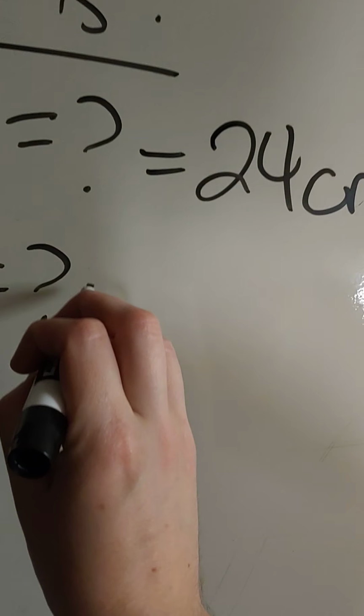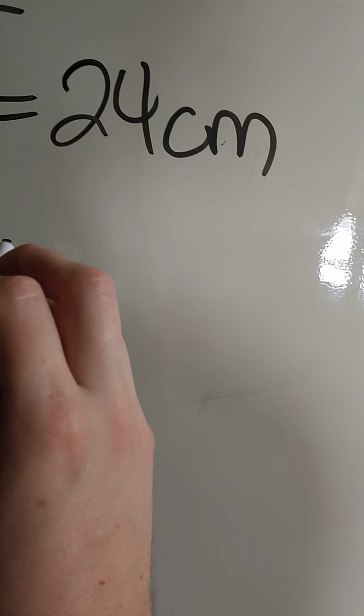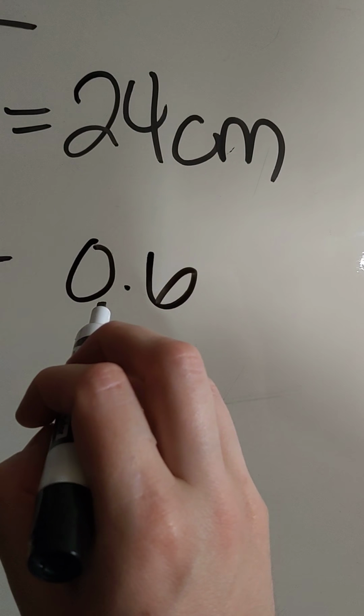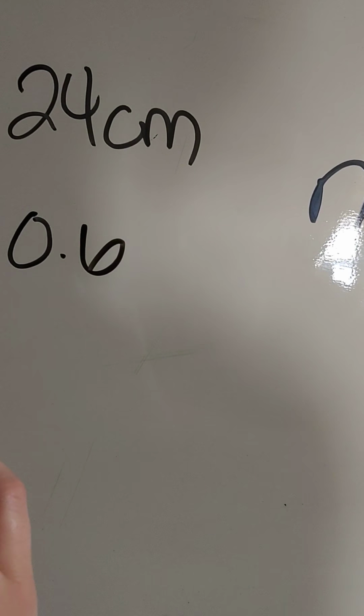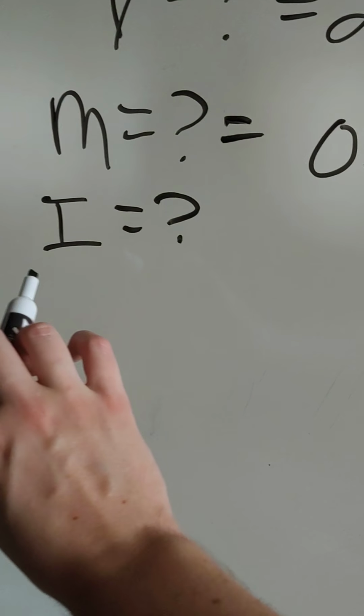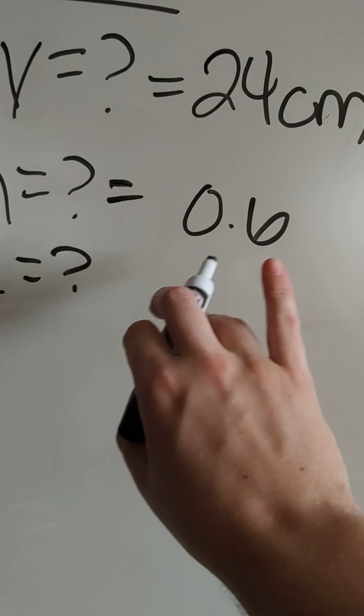So we now know that magnification, and the correct way I think to write this is to put it as a full number, is 0.6. The reason I'm doing the negative will be made apparent in just a second. And that is magnification, 0.6.